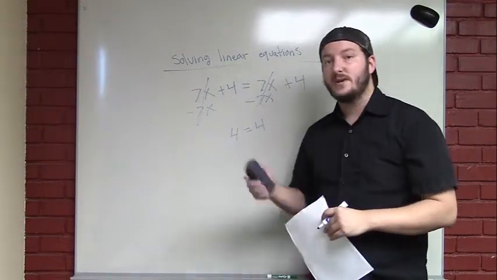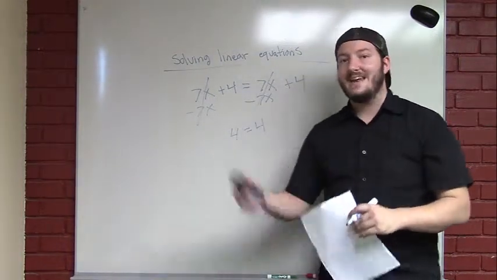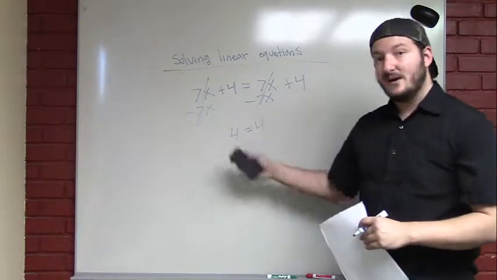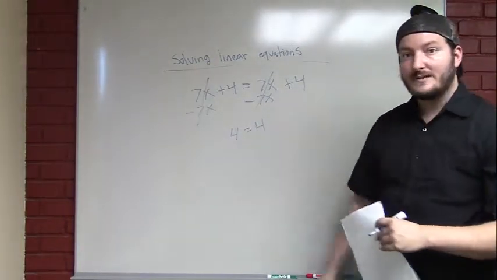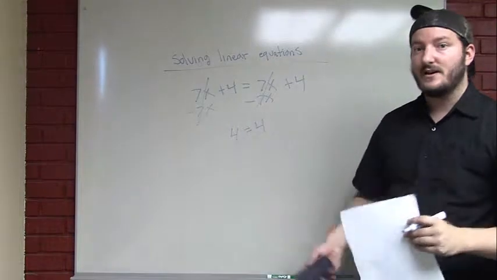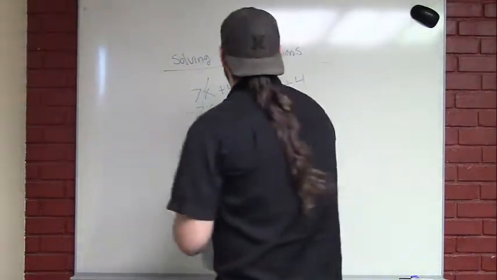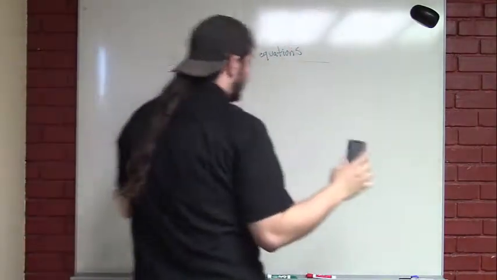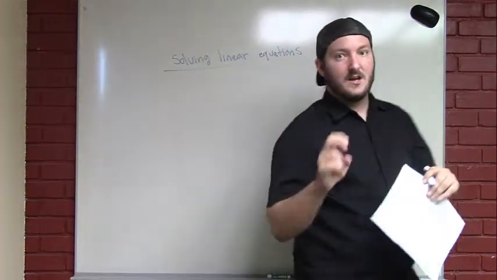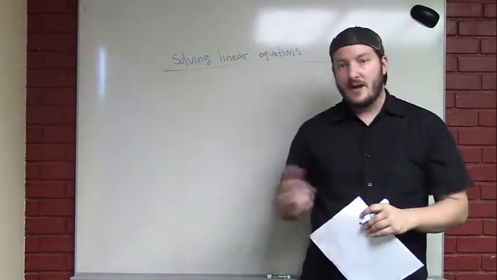I mean, 1, 2, 3, 4, 100, a million, negative 10, negative 5. No matter what you plug into x, it will work. So you just write down infinite. There's an infinite number of solutions, and that's it. So those are the two special, quote-unquote, special cases that you do have to be aware of, okay?